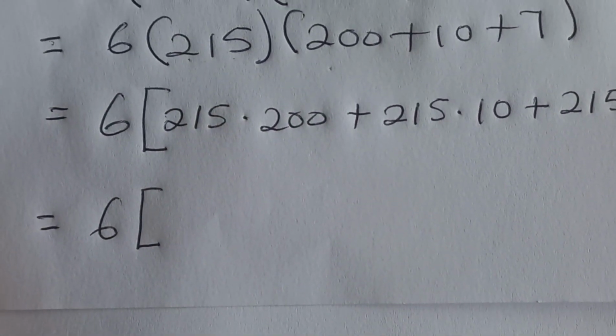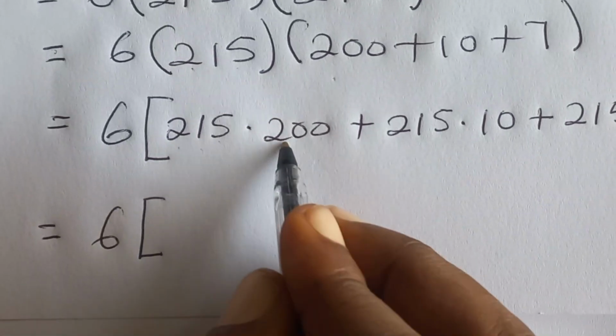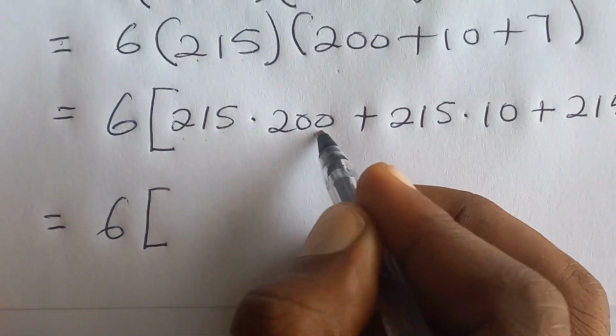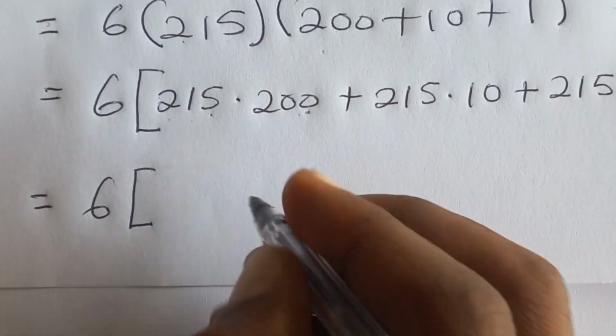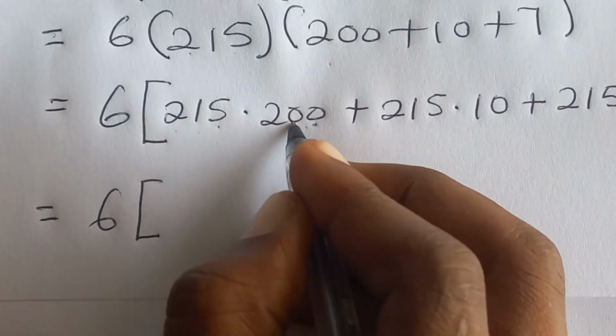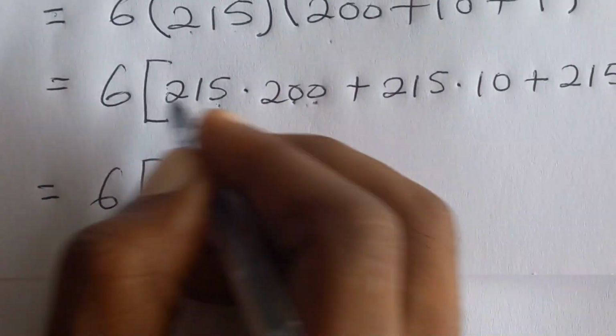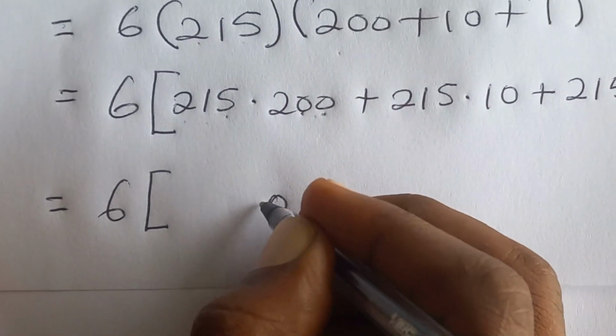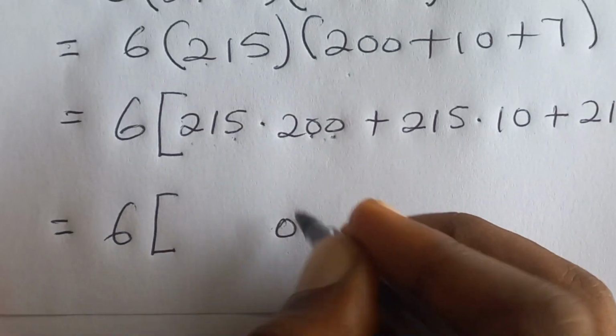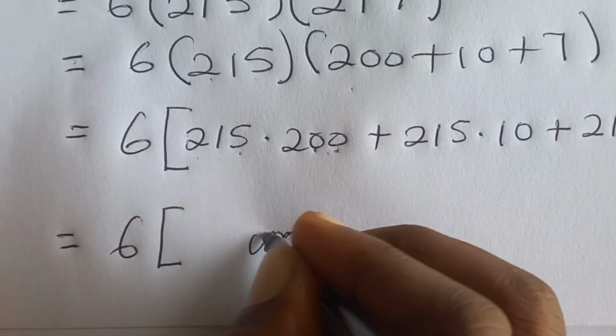Now 215 multiplied by 200: 0 times 5 is 0, 0 times this here, they are all 0. So we are going to get 0, 0, 0.